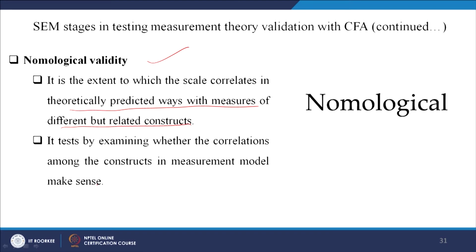Now, nomological validity says that because you have developed a model out of theory, CFA has been developed out of theory, right. Whatever theory you had in mind and you have drawn a model out of it, is the value that you are getting falling in line with your theoretical understanding or theoretical inputs? If it is yes, then you have nomological validity.